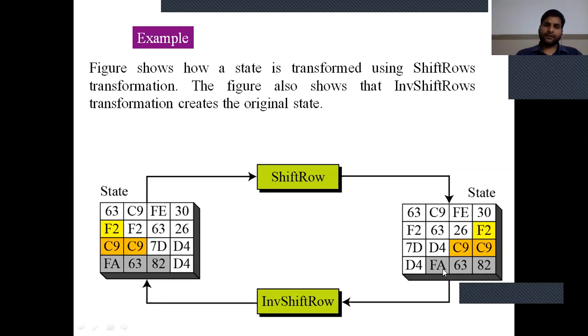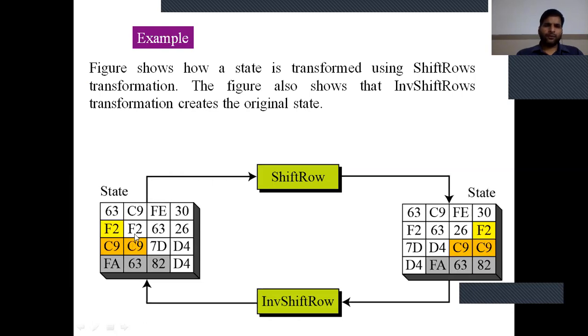Sorry, D4 is shifted to the 82 place. F1, FA, FA this, 63 this, 82 this. Like that, one position.